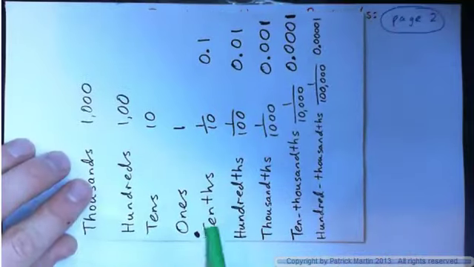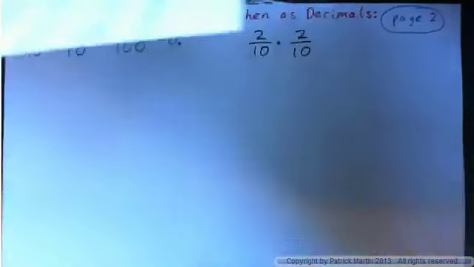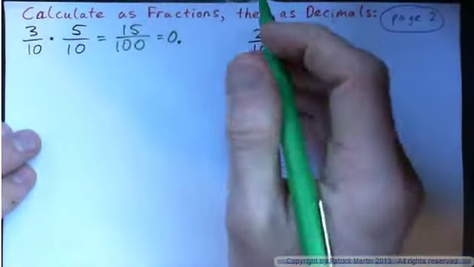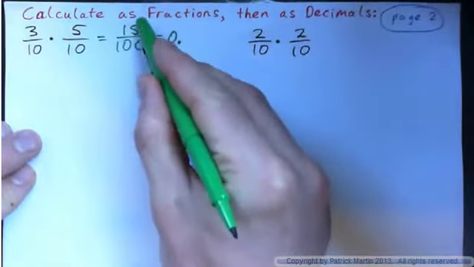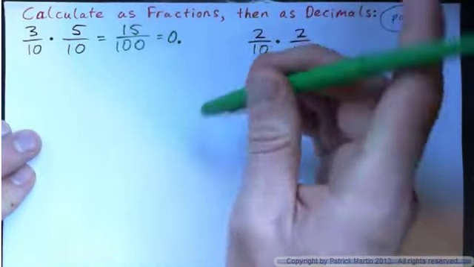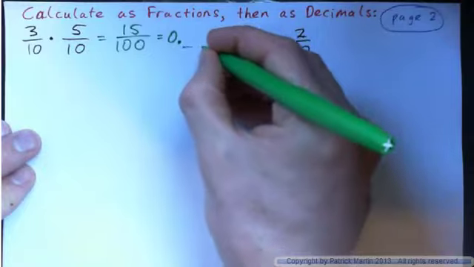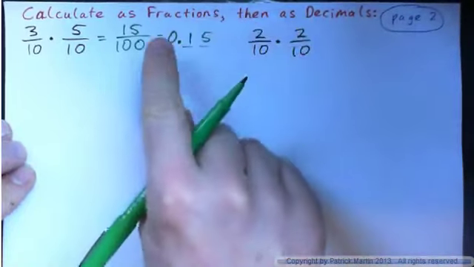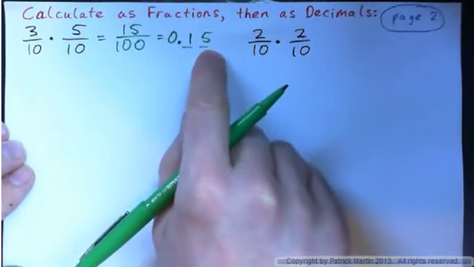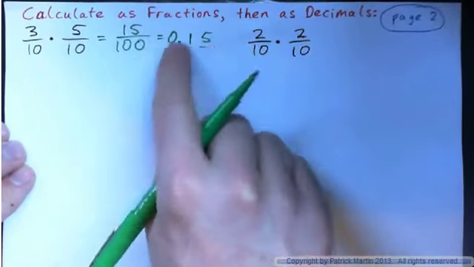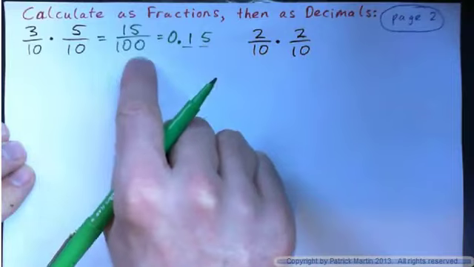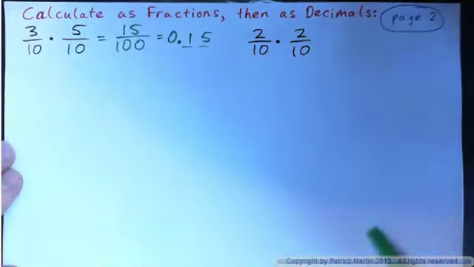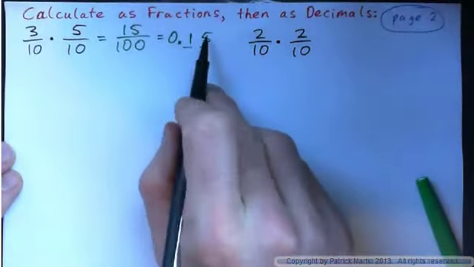So let's see, we've got ones, tenths, hundredths, thousandths. Let's remember those at least. So these are hundredths. I think it's over 100, so it's 15 hundredths. So we've got tenths, hundredths, and we write 5 and then 1. So the answer, you agree, is definitely 0.15. Or in other words, it's 15 cents. 15 cents is 15 hundredths of a dollar, right? Okay. So we have calculated as a fraction.